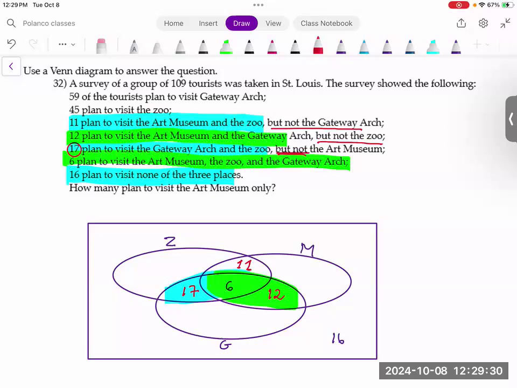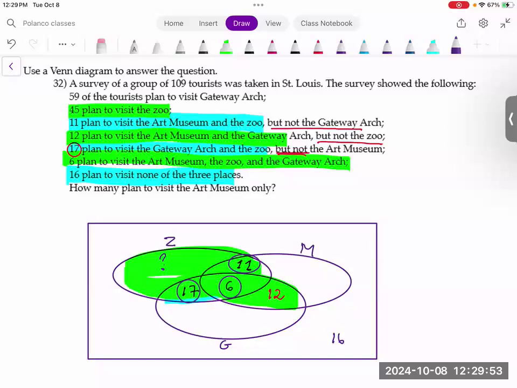So then we're gonna move to 45. 45 plan to visit the zoo. So what is the zoo at? This would be my circle of the zoo, right? And the total should be 45. And I'm missing only one number in here, right? So I have 11, I have 6, I have 17.